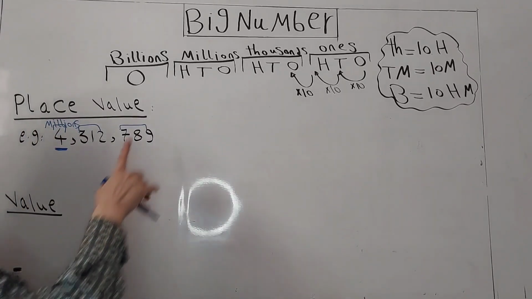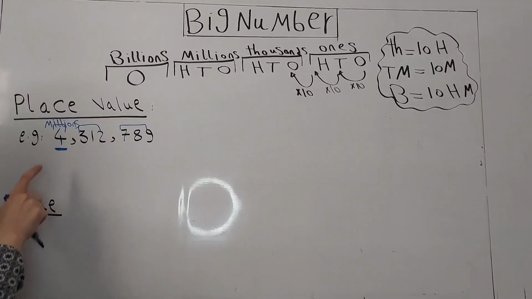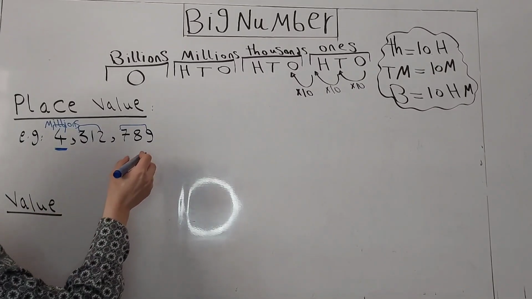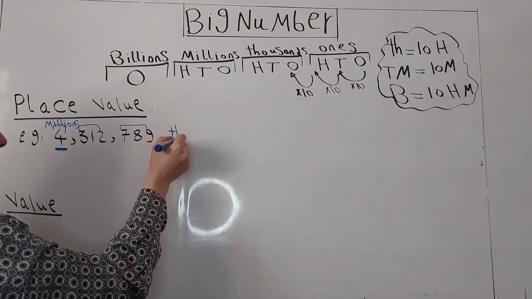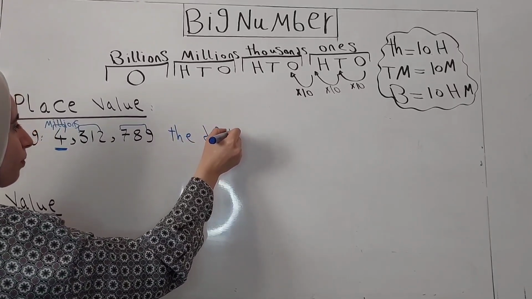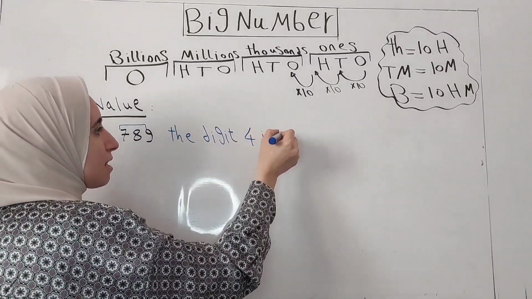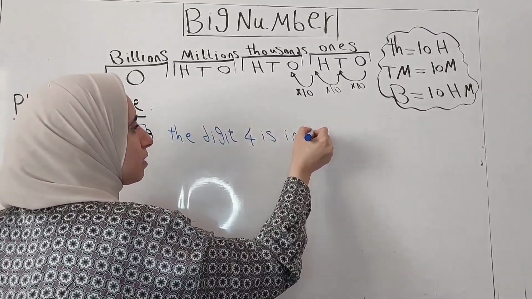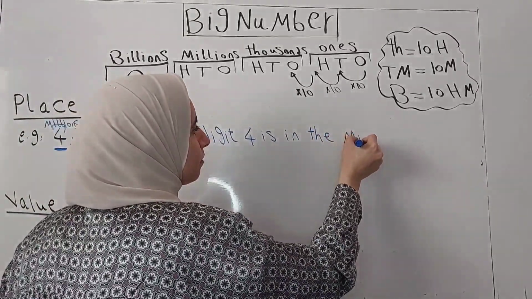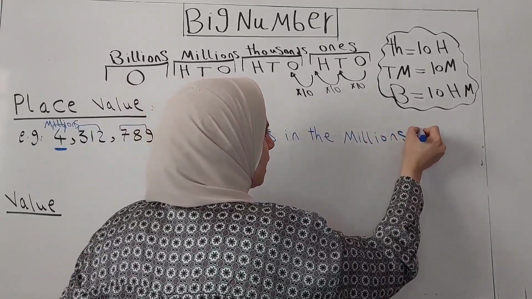In which place? Ones, tens or hundreds? In ones. But the word ones is not read. So the digit 4 is in the millions place.